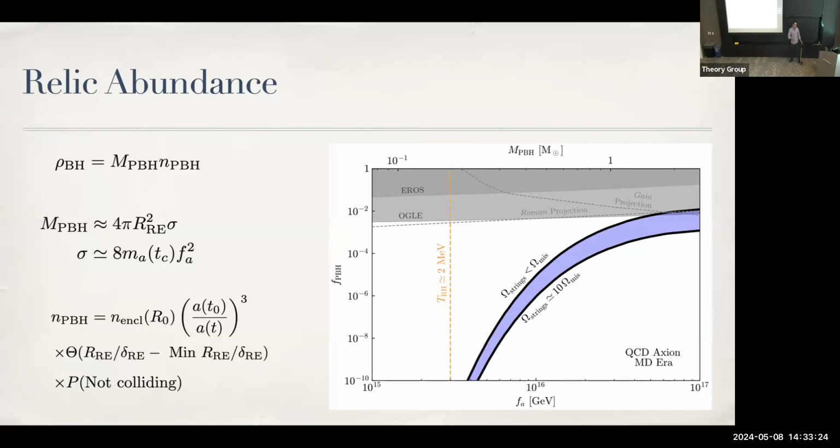But you can only dilute them so much, because you can't have a reheat temperature below the BBN scale. And because QCD and BBN are not that far off, you can only take roughly an FA a little bit greater than a few times 10 to the 15 GeV for a consistent cosmology without being able to dilute enough dark matter. So for the QCD axion, it's harder to get FPBHs much greater than 10 to the minus 10, unfortunately.